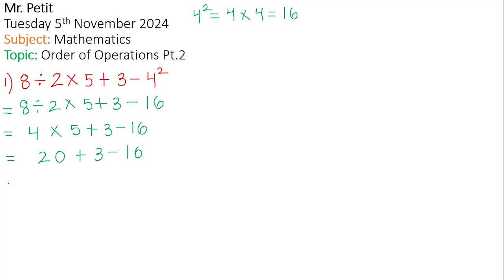Good. Now we're gonna add, right? Yes, because the addition comes first from left to right. 20 plus 3 is what? 23.